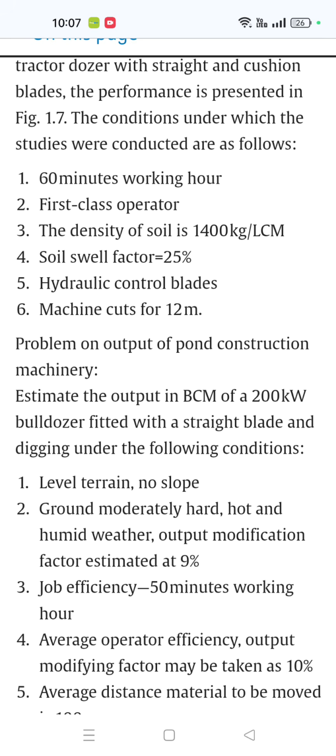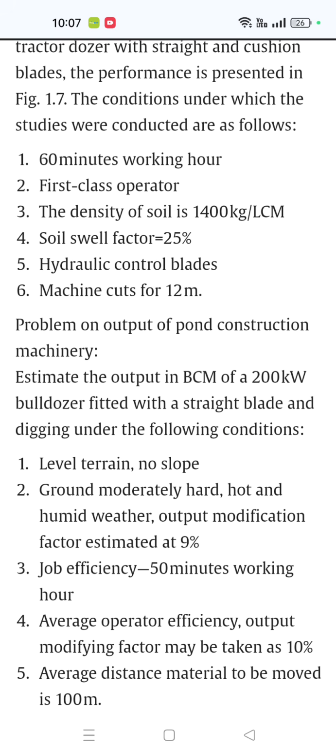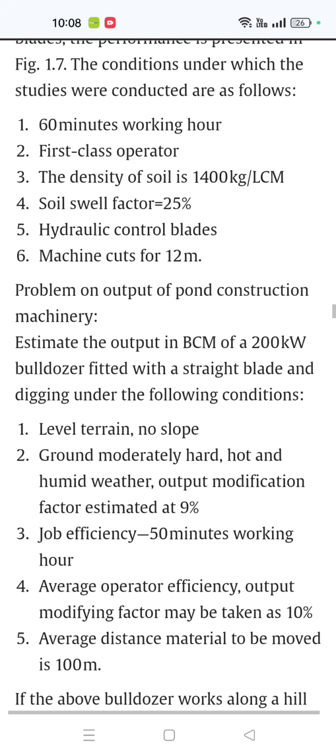First class operator. 3. The density of soil is 1,400 kilograms per LCM. 4. Soil swell factor 25%. 5. Hydraulic control blade. 6. Machine cut for 12 m.